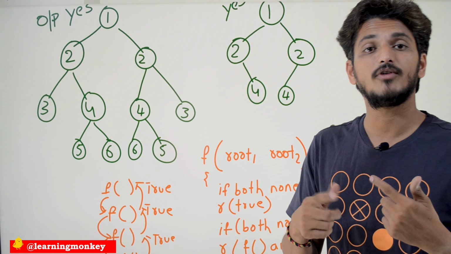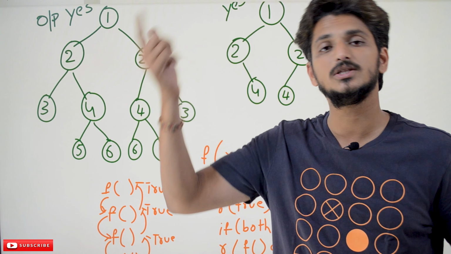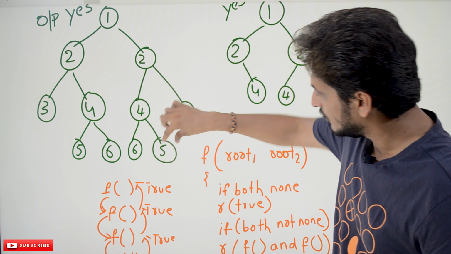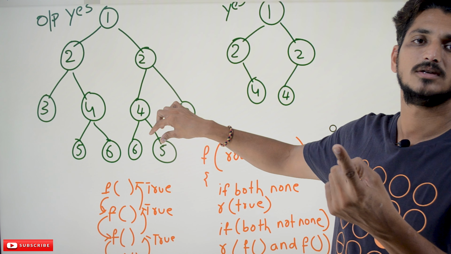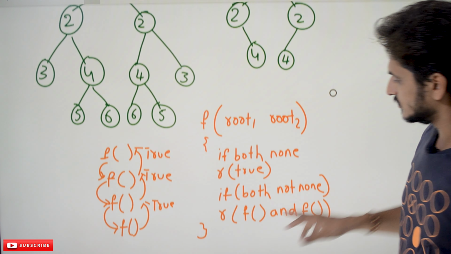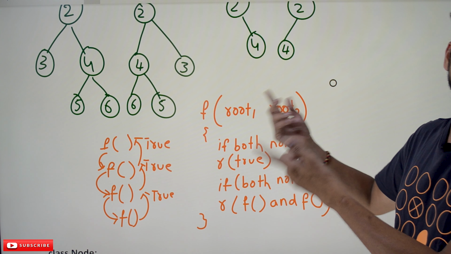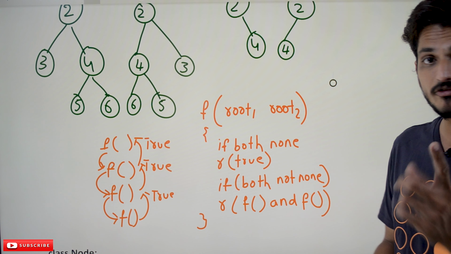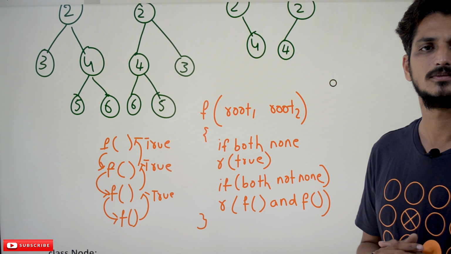So all the functions should return true. Otherwise the entire output is false. Any one node missing that condition, the entire output should be false. That's why f of one and f of the other must both be true, then only the entire output will be true. If any one returns false, the entire output will be false.